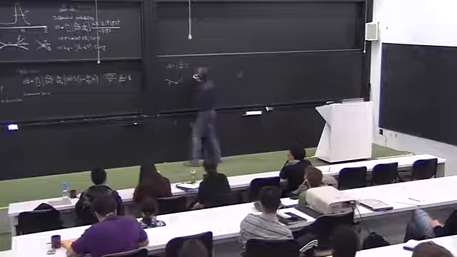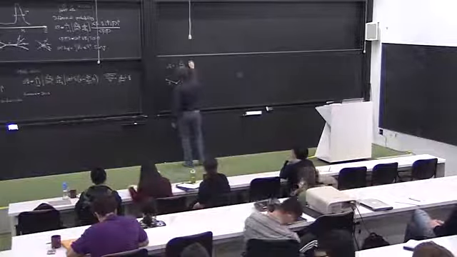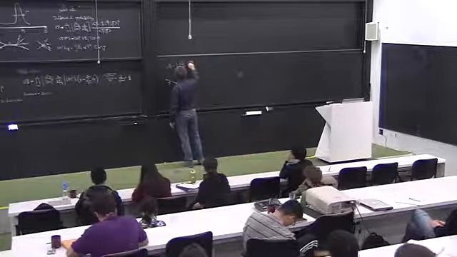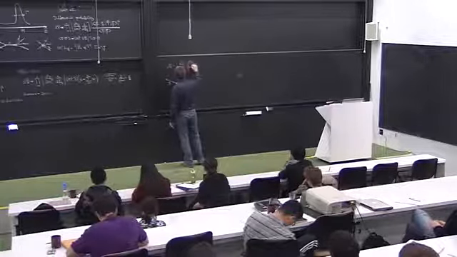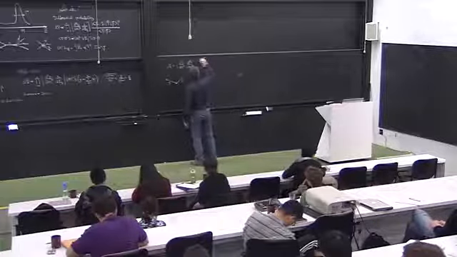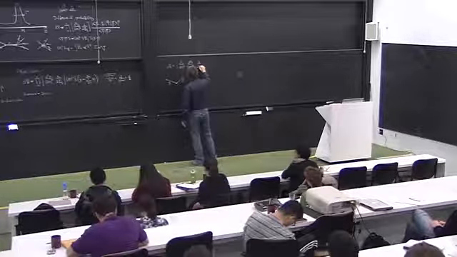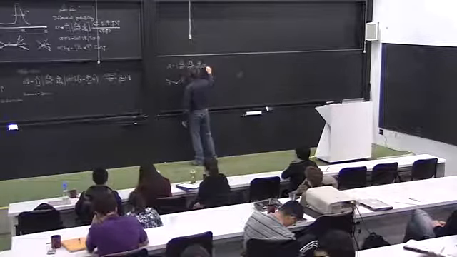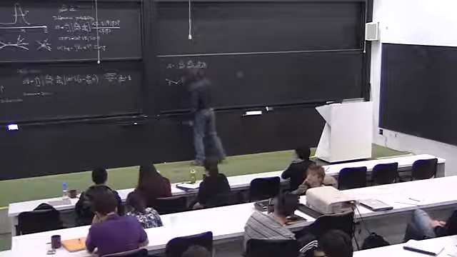without imposing any of the conservation laws. So we'll have d3k divided by 2 pi cubed, 1 over 2 E_p, 2 E_k.